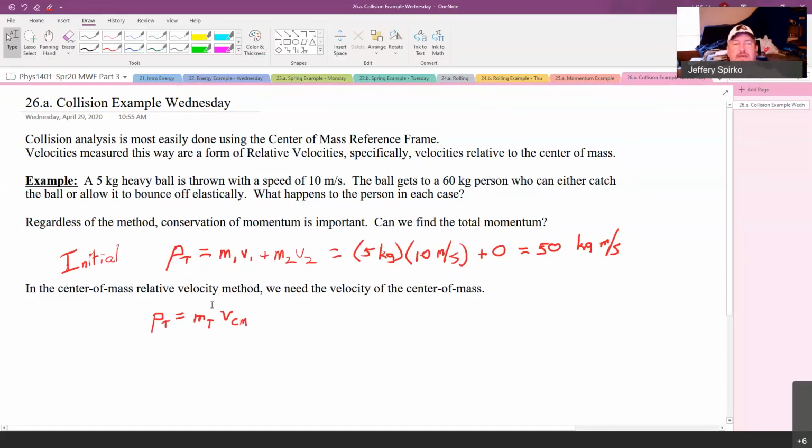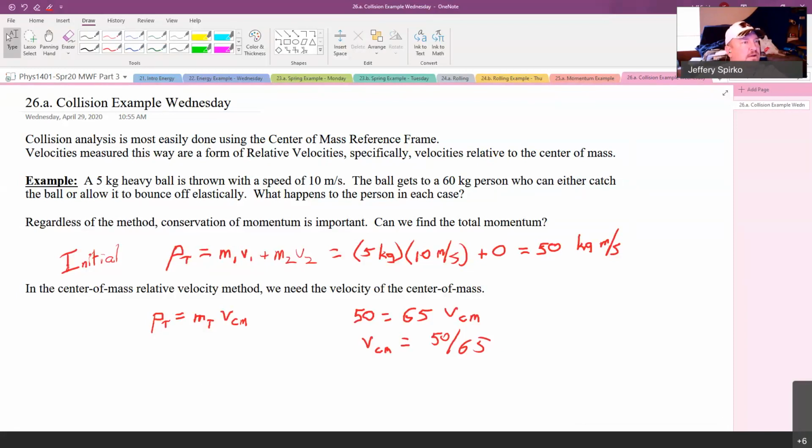That is a momentum formula very similar to our initial total momentum formula, except instead of thinking about these as two separate objects, M1 and M2, I think about them as one total object. So I can plug numbers in because I calculated the total momentum to be 50. I know the total mass is 65 times V center of mass. So V center of mass is equal to 50 over 65.